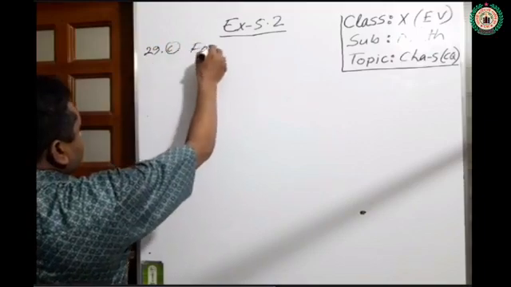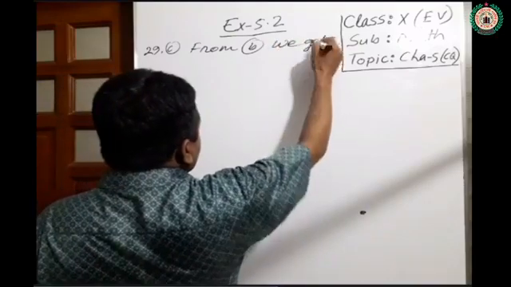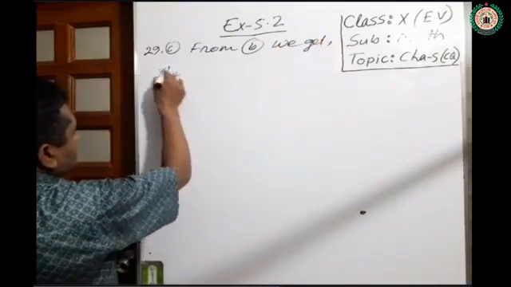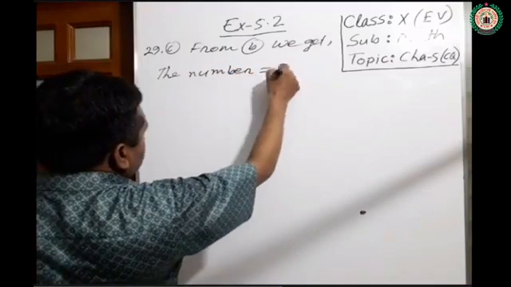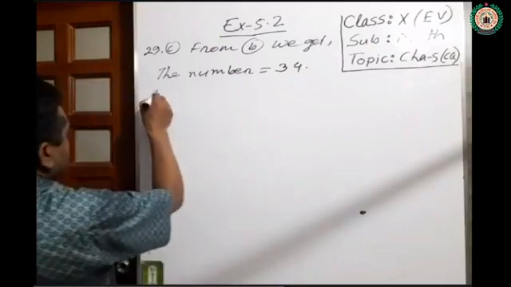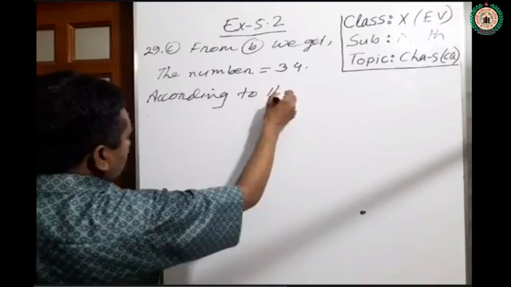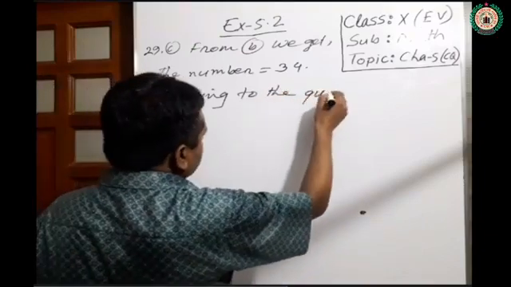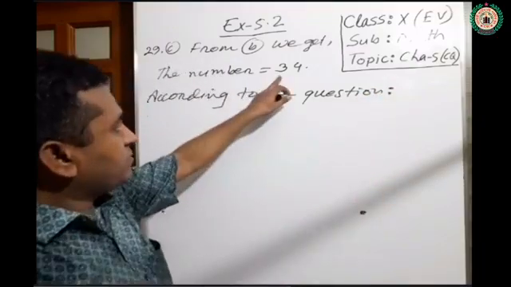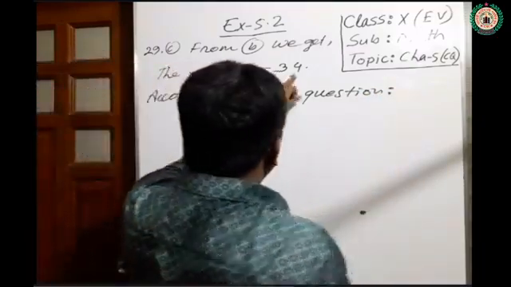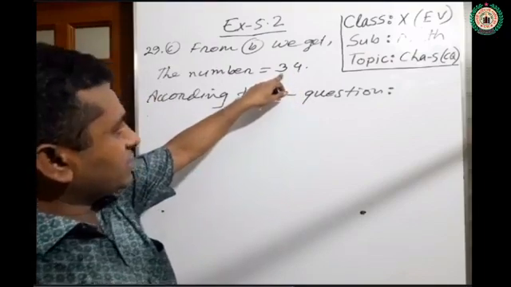29C. From B we get the number equal to 34. According to the question, from this number, the larger digit is the length and the smaller digit is the breadth of a rectangle.